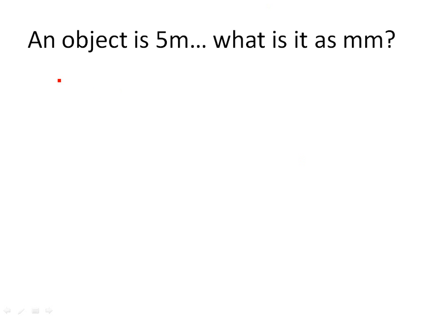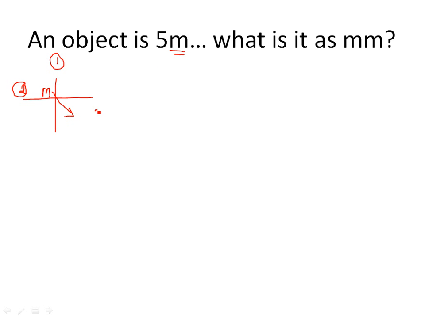Alright, method number 1 uses conversion factors. Step 1, trust me on this, draw a big plus sign. Step number 2, ignore the numbers for now. Let's just set up our units first. So in this box right here, write in only the unit I was given, which is meters.